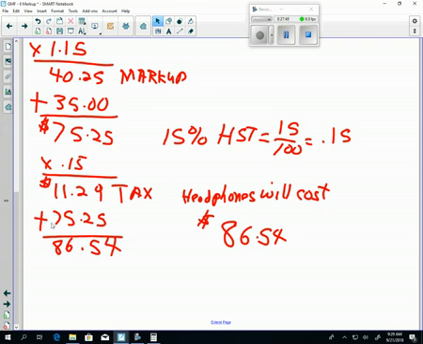You have to add it, because remember this is marked up, the 75. You have to add the 11.29 taxes to it, and you get a final answer of 86.54. So it's more than double what you have to pay. $86.54 for the headphones.